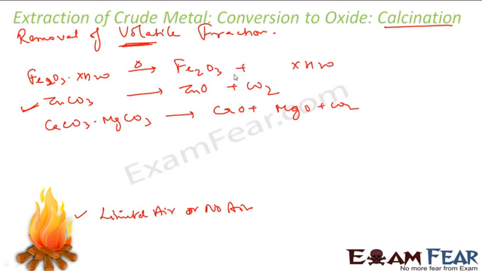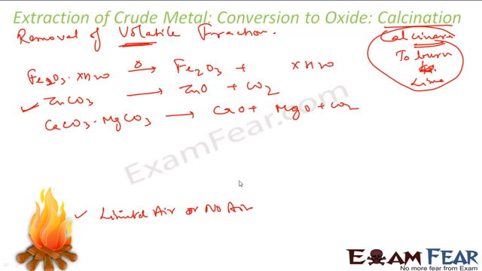Calcination is derived from the Latin word calcinare, which means to burn lime. This process was actually used to burn lime. Lime is CaCO3, and when you heat it in the absence of air, it becomes CaO and CO2.